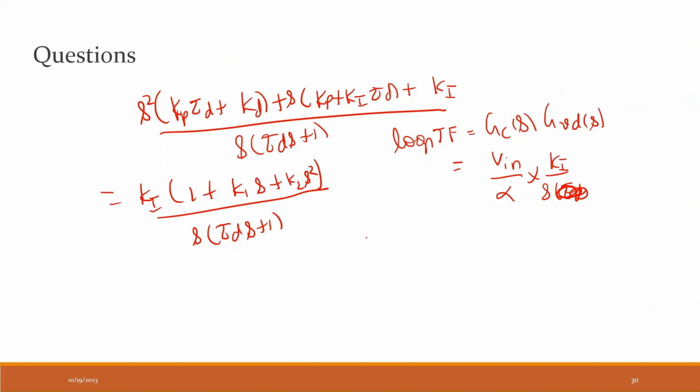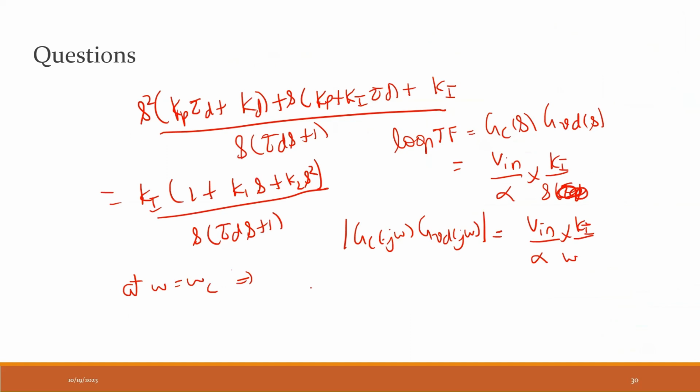So again, like we did in the previous case, we do Gc of j omega, Gvd of j omega, the magnitude Vn upon alpha into Ki upon omega. And then at omega crossover, this will be Vn upon alpha into Ki upon omega crossover is 1.